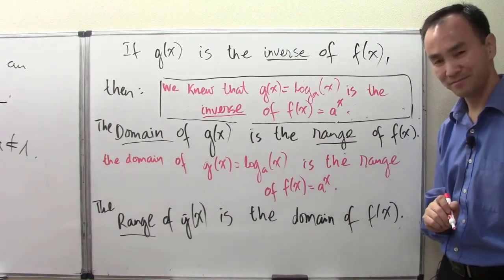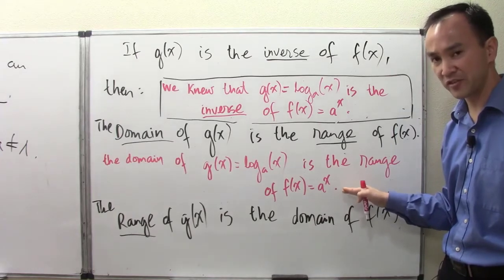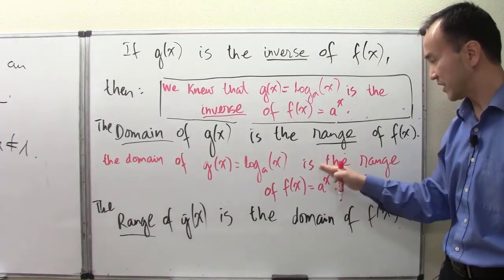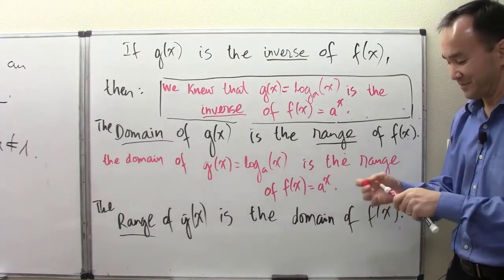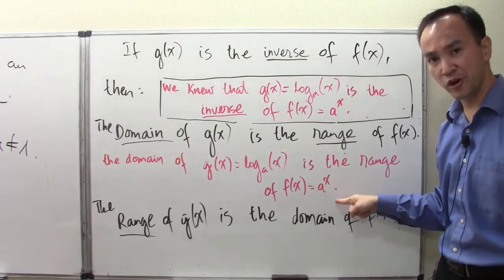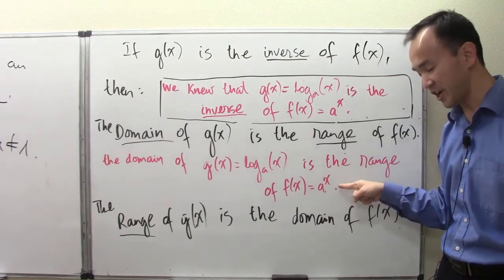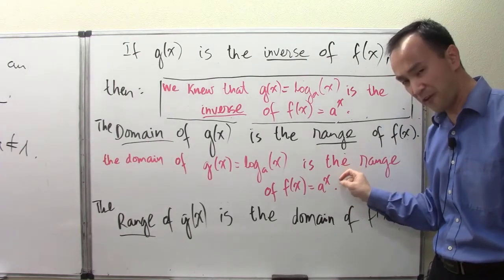All right. And so now from this, allow me to extract some information. The range of f of x, as a general but simple exponential function a to the x.